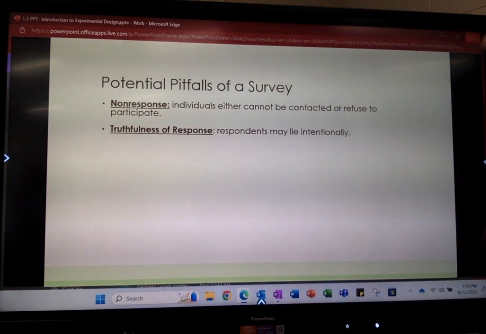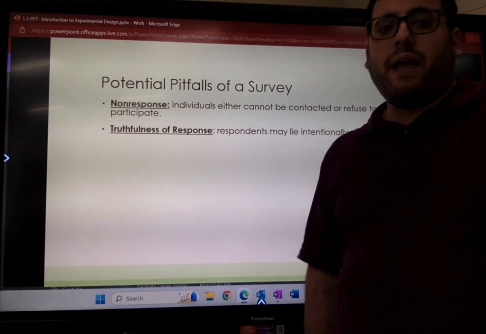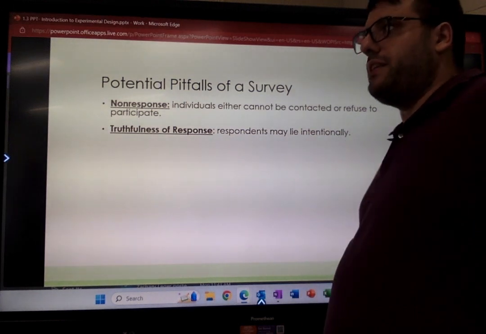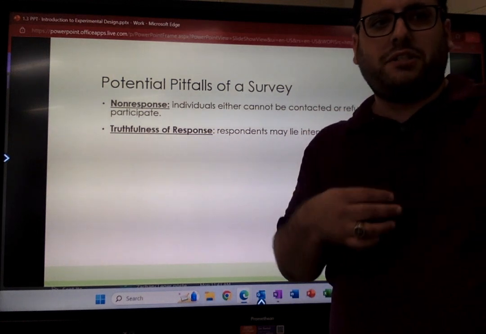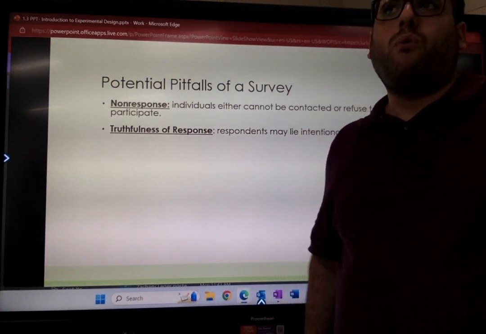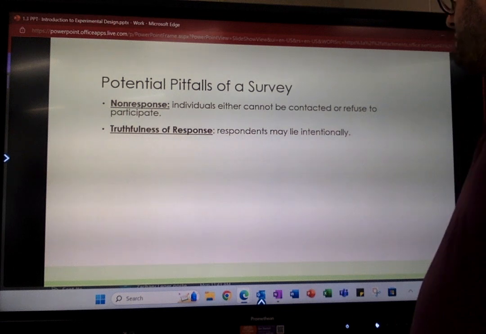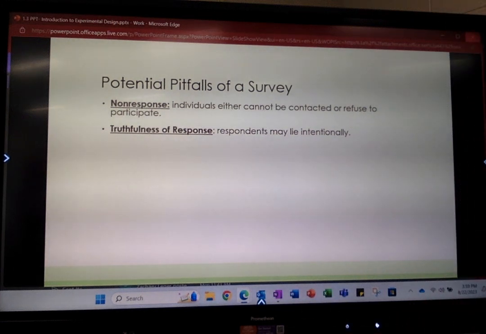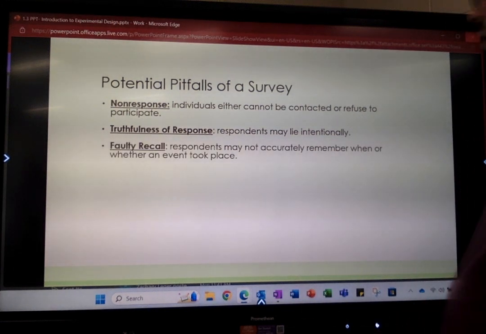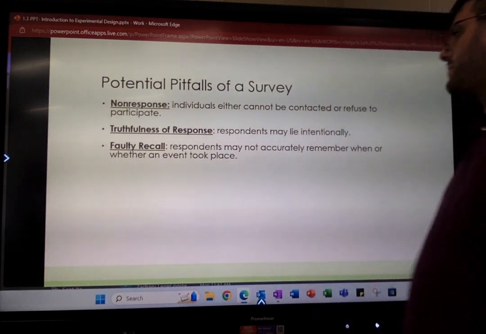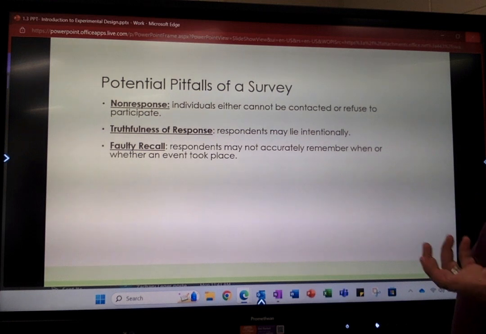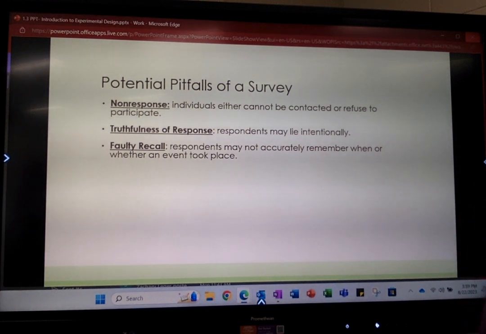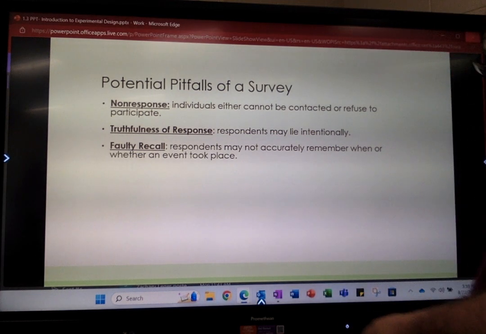The respondents may lie intentionally. They may reluctantly say yes to doing the survey, but because of their predispositions to the study, they may not want to be completely honest and completely truthful. Also, if people do try to answer the questions truthfully, there's a good chance that they may not accurately remember events, people, places, or things that occur.